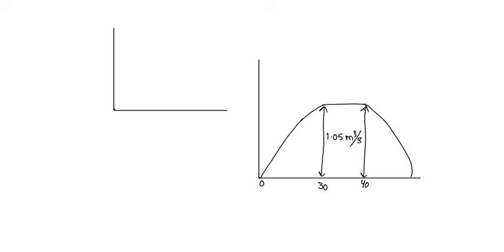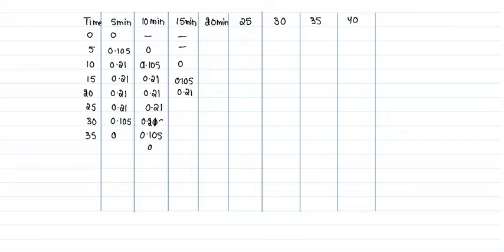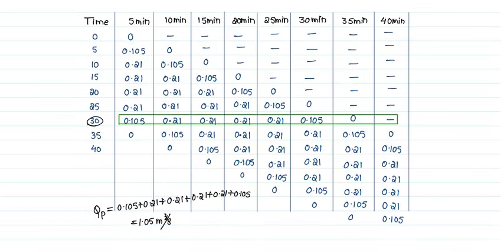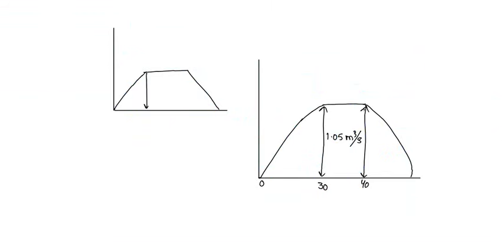Whereas for the 5 minutes rainfall, we need to draw the 5 minutes isochrones and also find the peak value, and it is drawn in this format, in which here it is 0.21 and here it is 0.105. This is the 5-minute rainfall data. This is the final peak value.